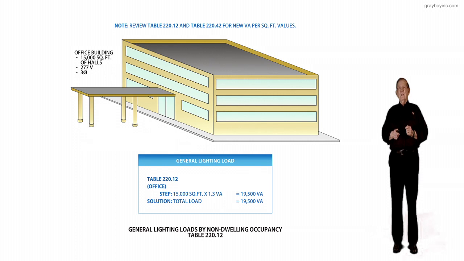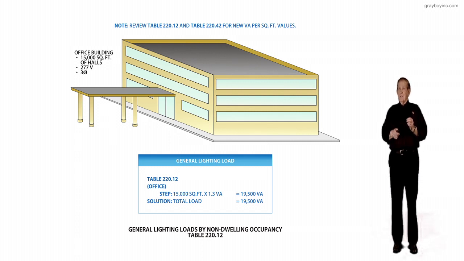That would be 19,500. But if you still want to put the 125% on, then it would be 24,375 and not 19,500. So the total load would be 24,375 VA if the 125% is applied.